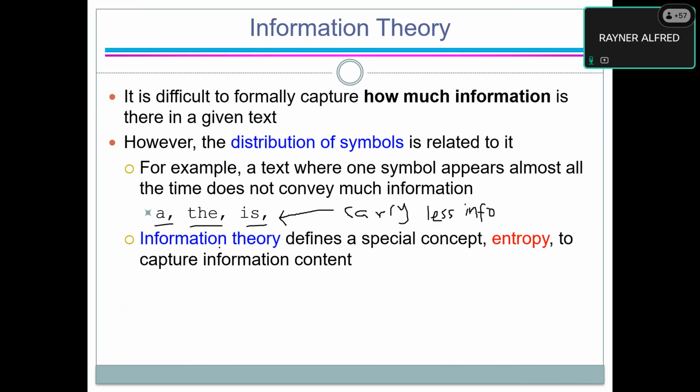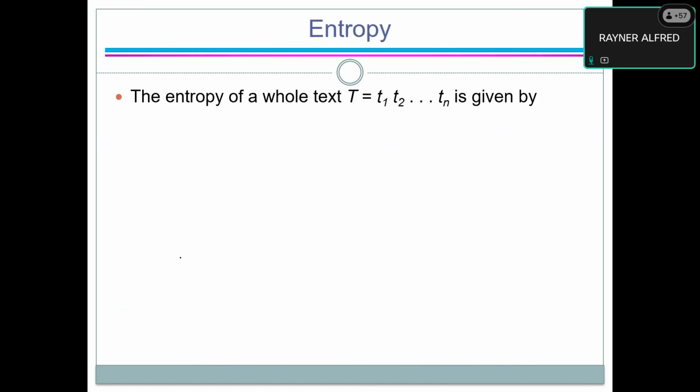So we use information theory to define a special concept, entropy, to capture information content. We use entropy to show that these are terms that carry less meaning. So what is this entropy?